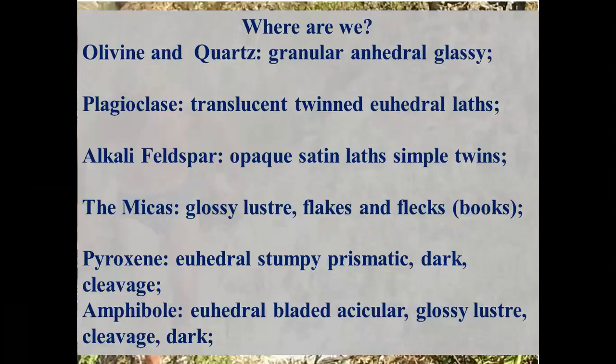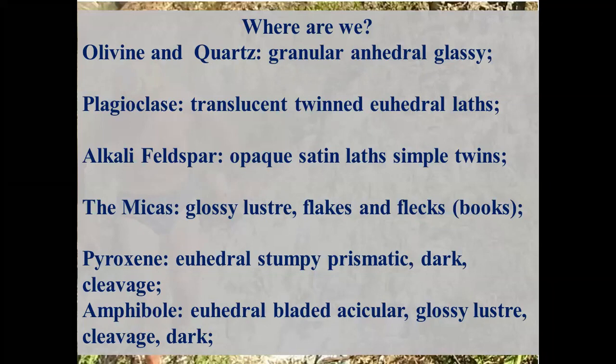We've done quite a lot now in these last sessions, so let's do a quick summary of exactly whereabouts we are. Right at the very start, and you've probably forgotten this now, we looked at some granular anhedral glassy minerals, and we recognized olivine and quartz amongst those.